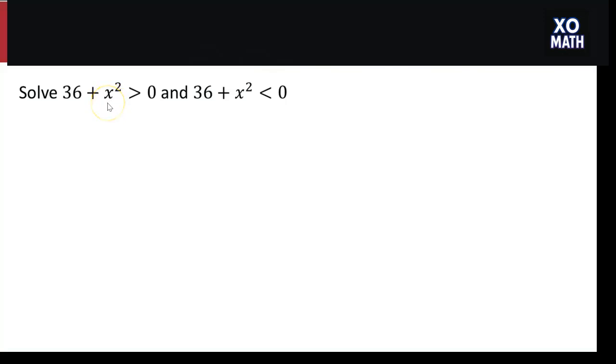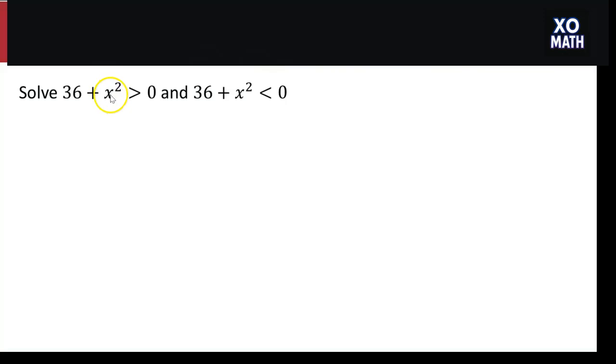If you take that x value and you square it, and you add 36, that number is always going to be greater than 0. Because if you take 0 squared, this number is 0. Add 36, that's greater than 0. And if you take any positive number and square it, it stays positive. Then you add 36, you're still greater than 0.